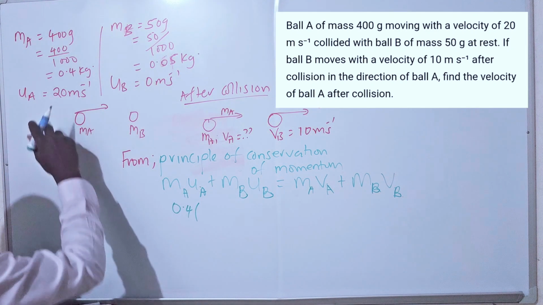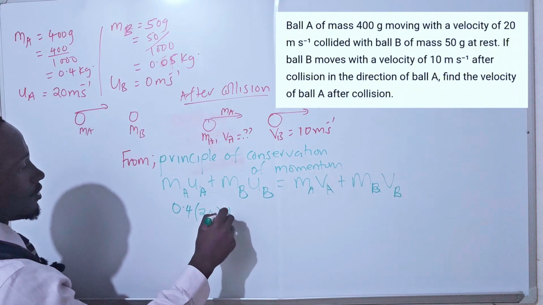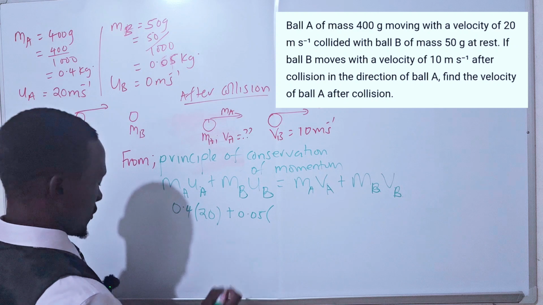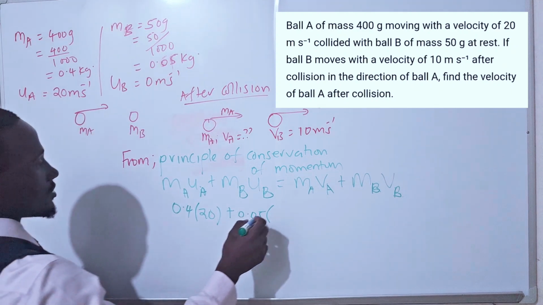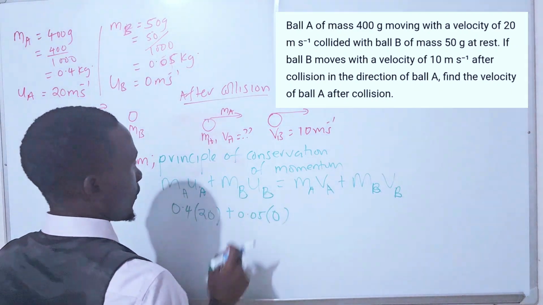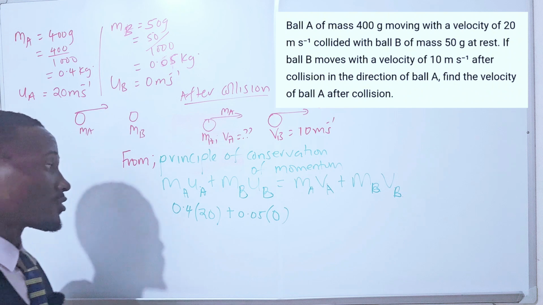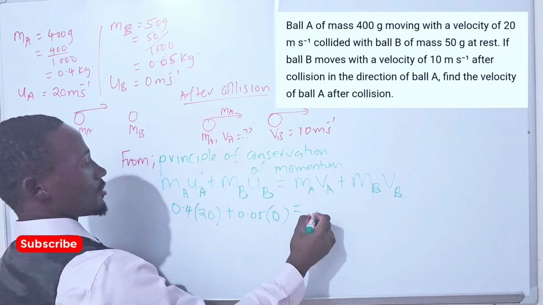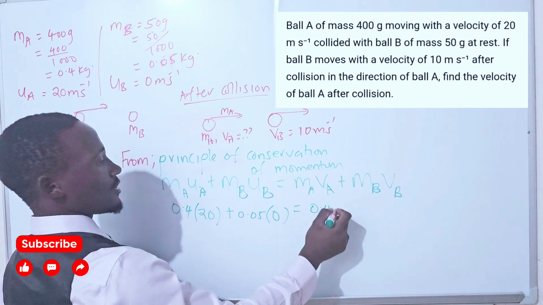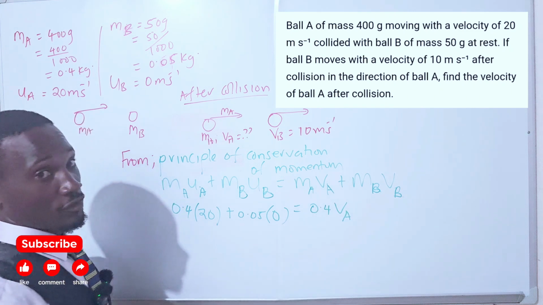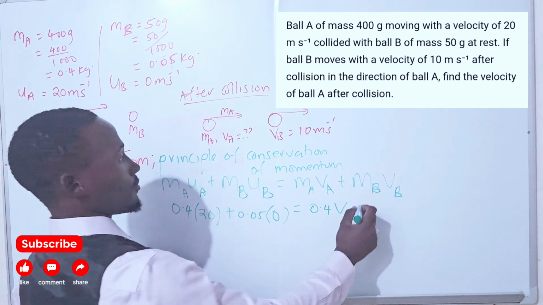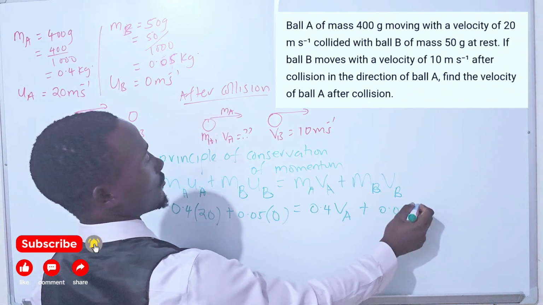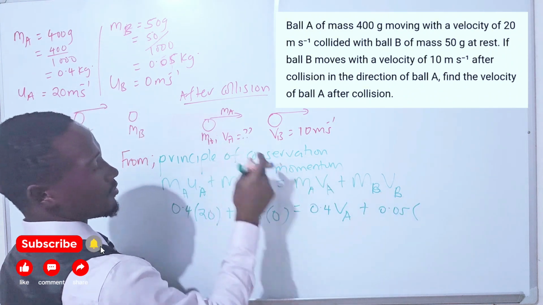The mass of A is 0.4 kilograms, the velocity of A is 20 meters per second, plus the mass of B, 0.05, times the velocity of B initially, it was at rest, don't forget that, is equal to the mass of A, 0.4, times the velocity we are looking for, plus the mass of B, 0.05, times the velocity of B after collision.